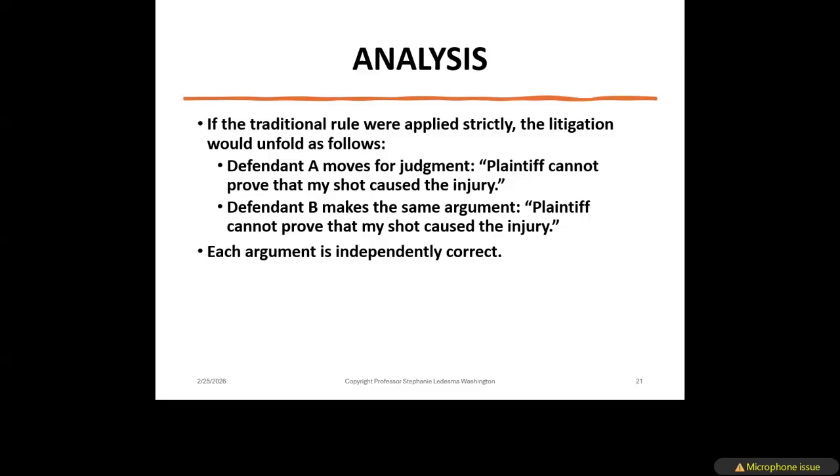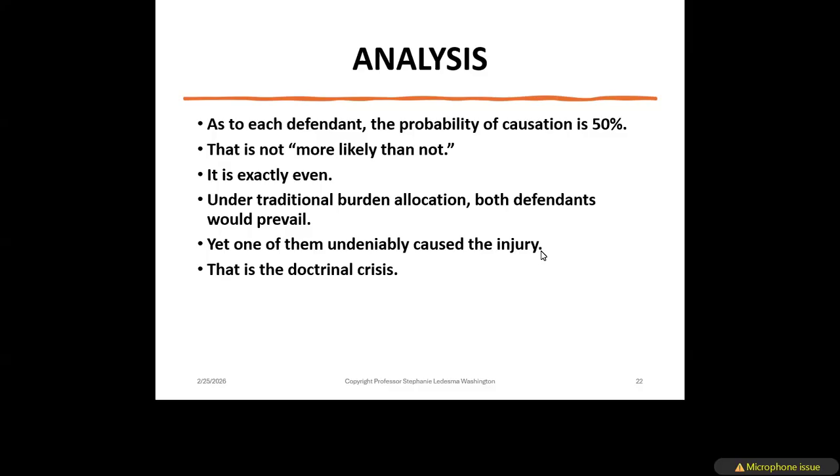And each of those arguments is independently correct because the plaintiff can't prove it. At best, all the plaintiff can establish, based upon the evidence they had, is a 50-50 probability. Not more likely than not, but exactly even. So under the traditional burden allocation, both defendants prevail, even though one of them undeniably caused the injury.